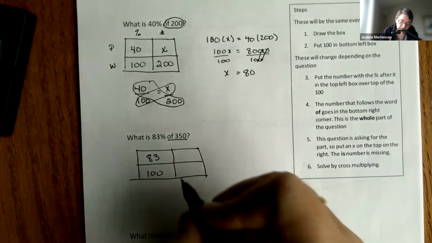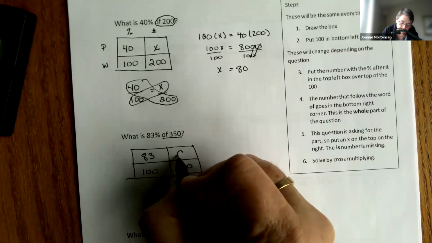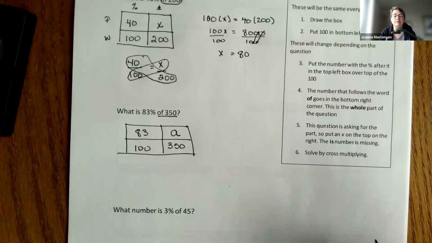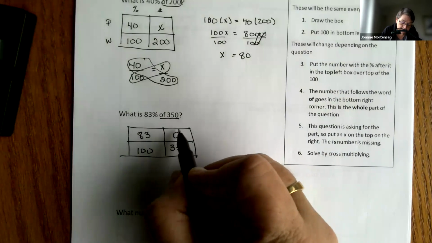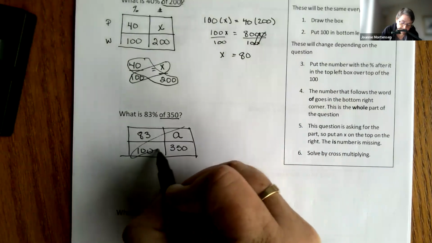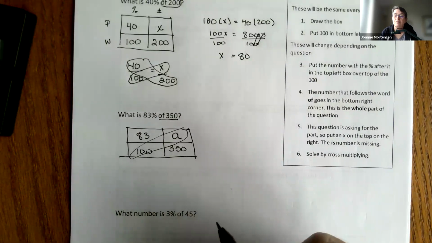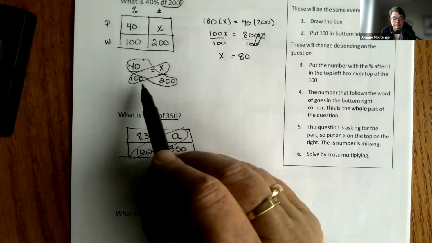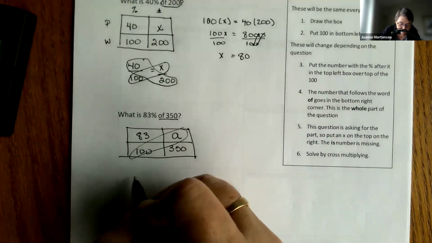It says of 350, so 350 goes here. And I'm going to use an A just because I want to. So cross multiply. I can cross multiply from right there because it is a fraction. Up there, it made it look prettier, but same difference.